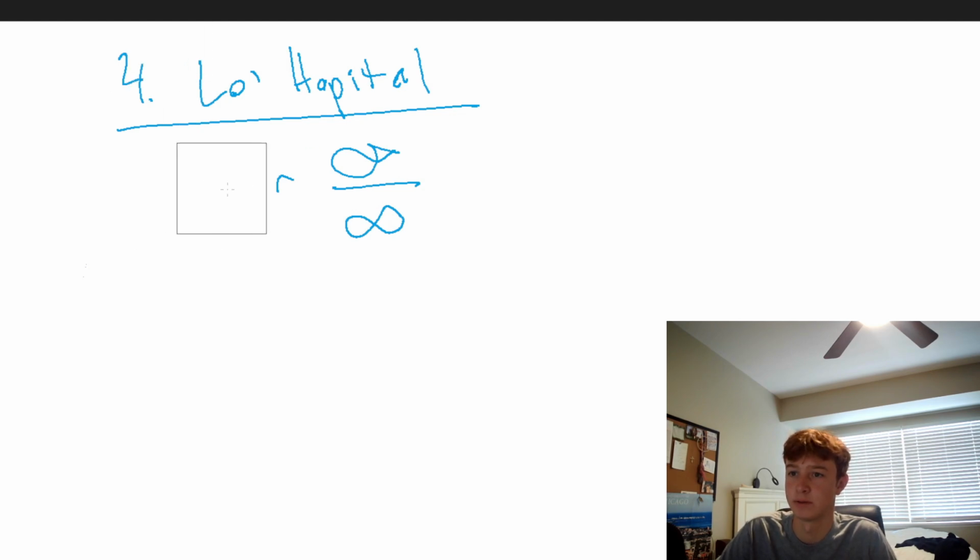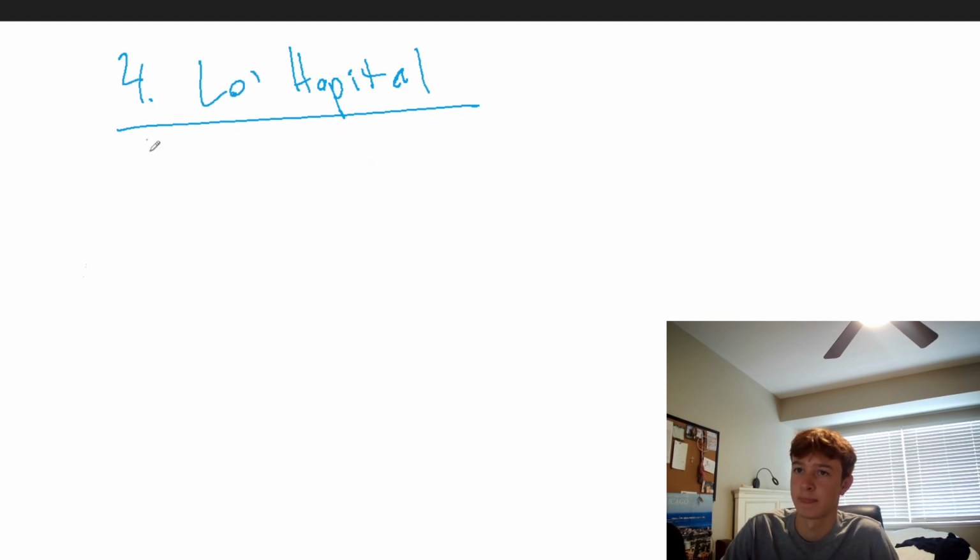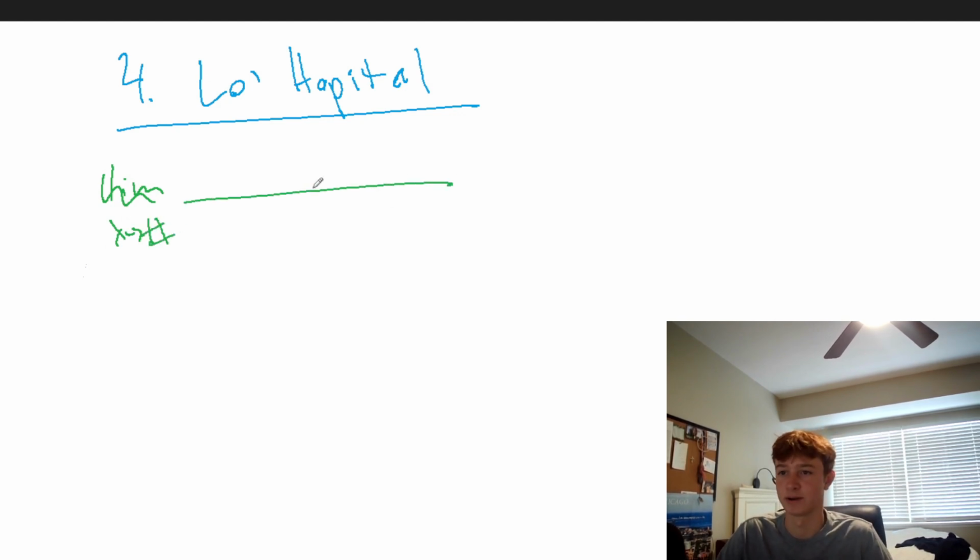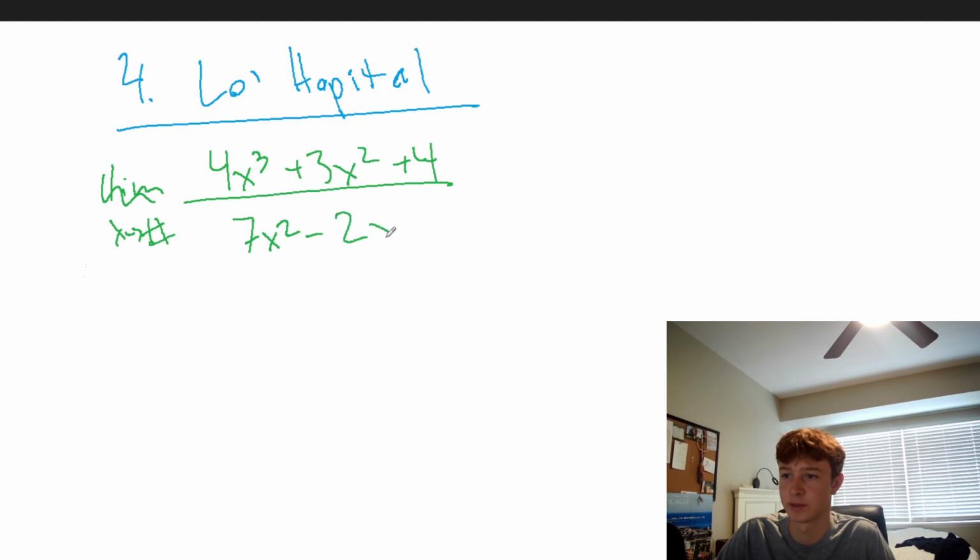So the way you do this is, let's say we have a function, limit approaches some number that would make this function 0 over 0. And let's say our function is 4x cubed plus 3x squared plus 4 over 7x squared minus 2x, I guess, minus 1.